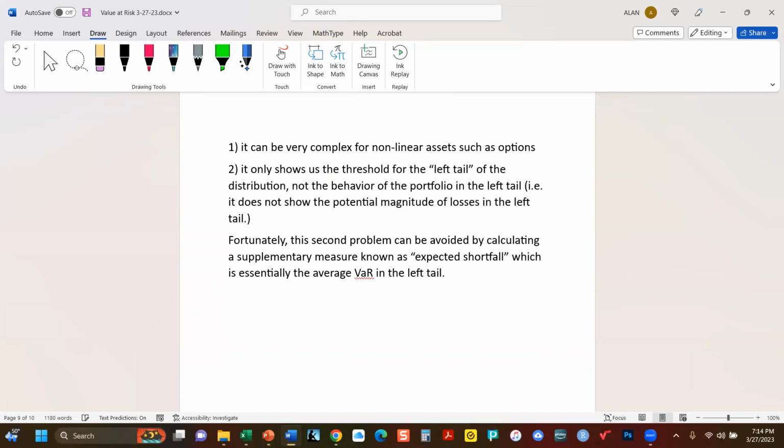So that seems to work pretty well. This expected shortfall was dreamed up later on when people said, we want to really know what's going on in that left tail. And so that's how they got around this problem. But it's going to be a very complex thing to do with options and other nonlinear assets.